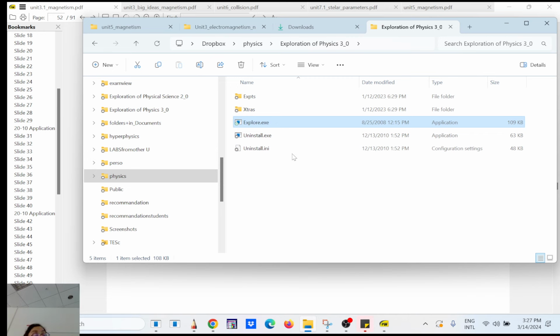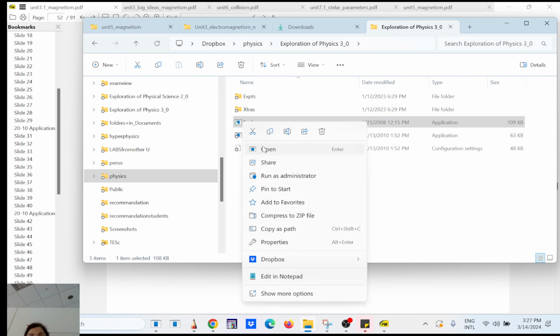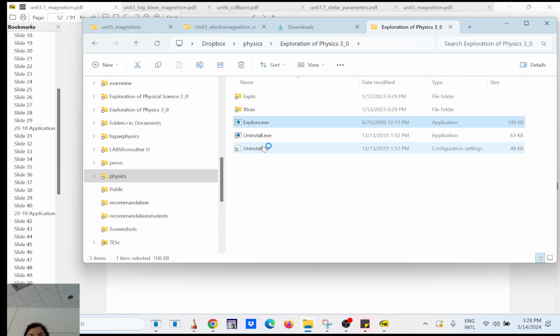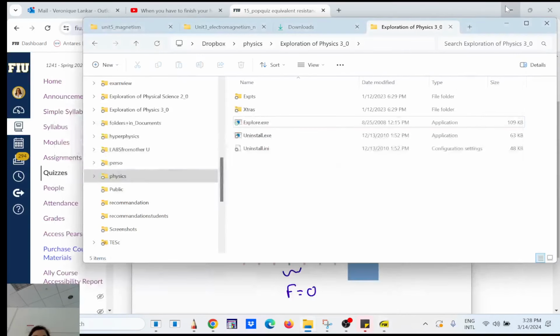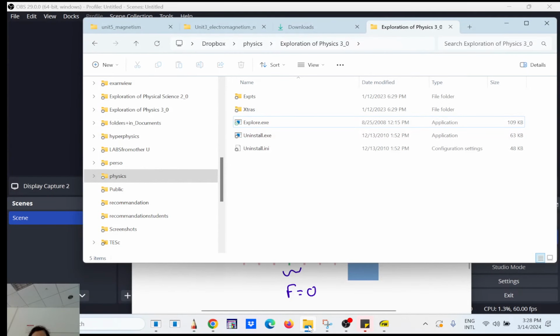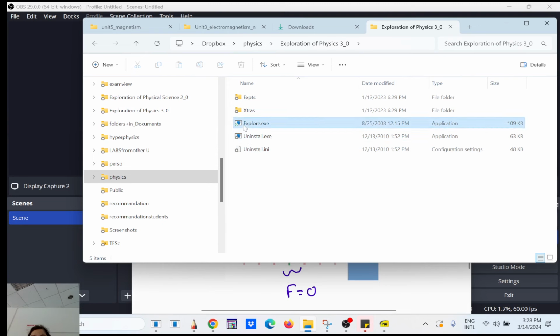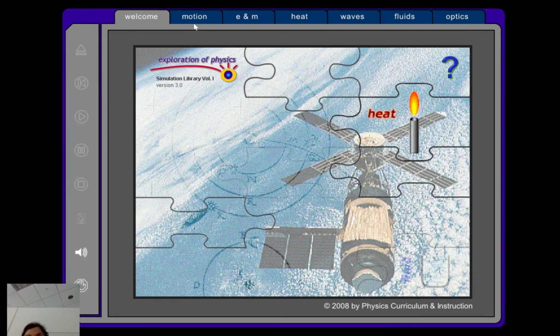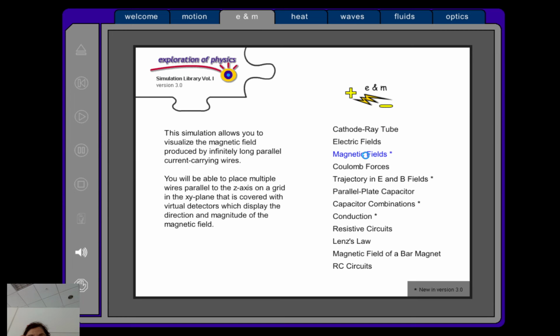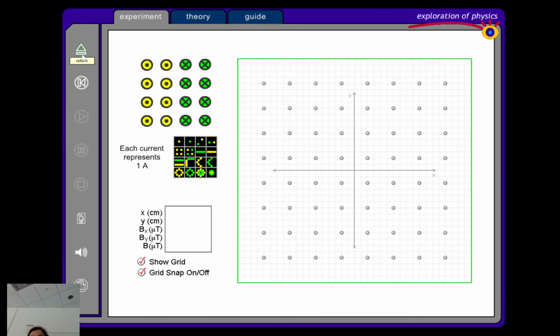I don't want to take them home. Come on. I'm trying to launch. Open.